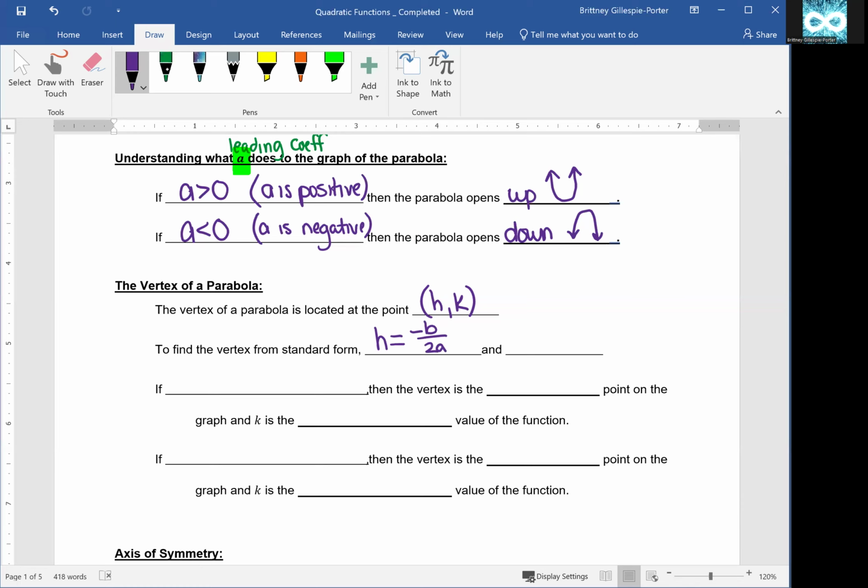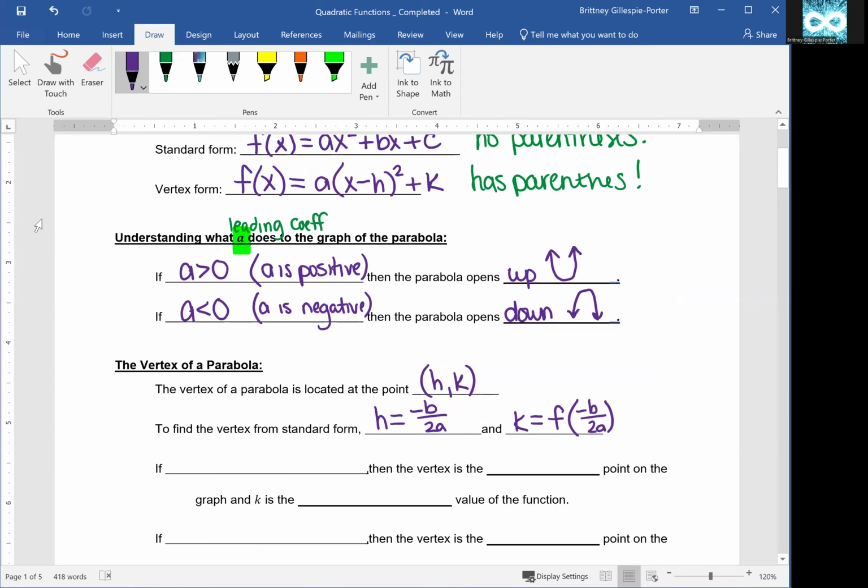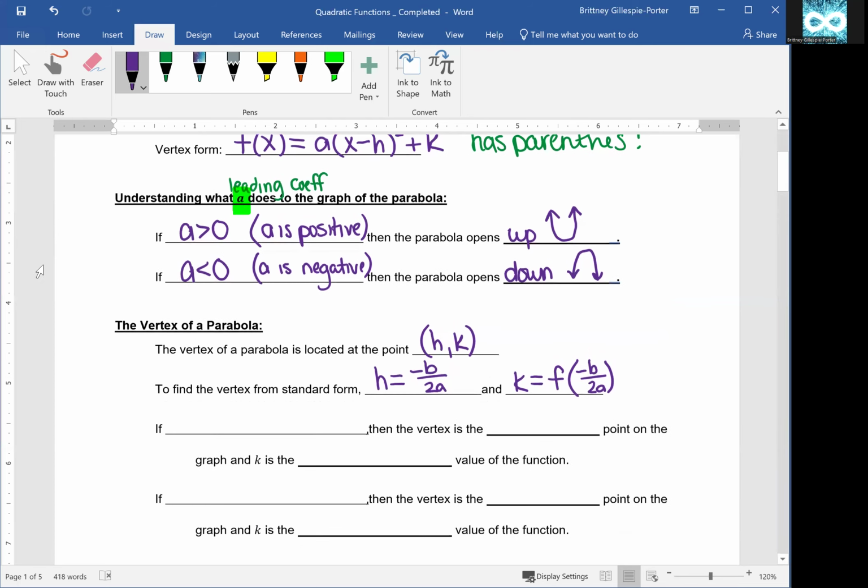So like the quadratic formula, but you erase that plus or minus square root. And k is equal to f of negative b all over 2a. I know that looks scary, but we'll get into some examples and it won't be so bad. You may be wondering why I'm only talking about standard form to find the vertex, because in vertex form, you can see that the h and the k are already there. In standard form, we have to do a little bit more work.